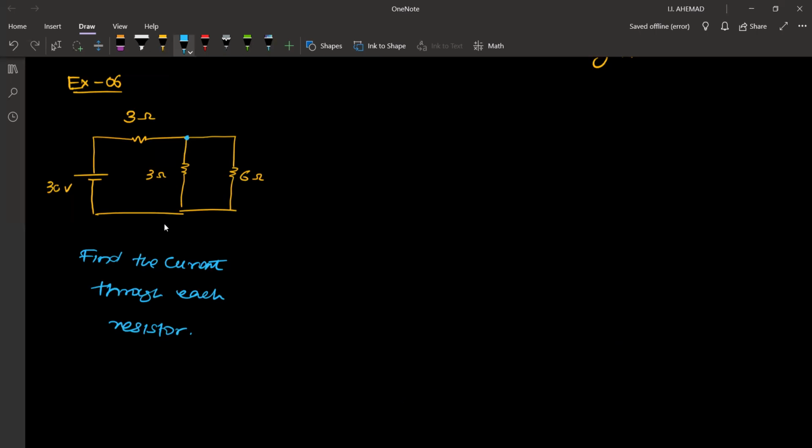I'll start here. What I understand is the current will flow through this 3 ohm resistor and then divide into 2. Let's say this current is I1. Then this current is I2 and this is I3.